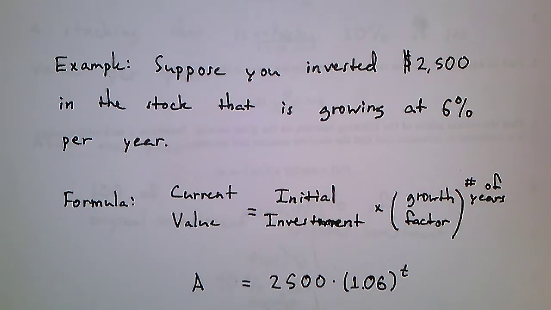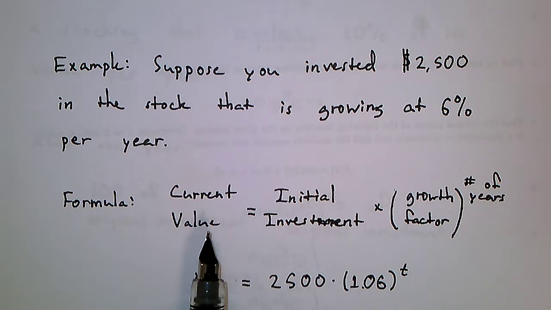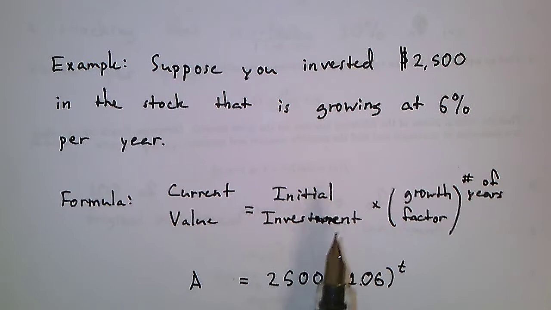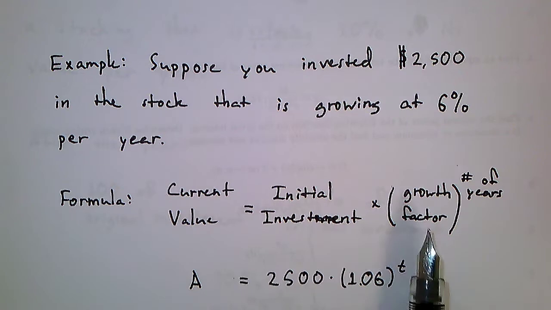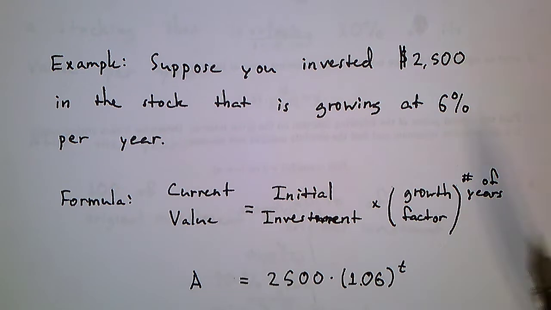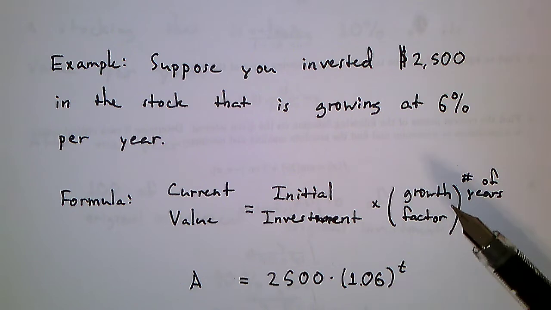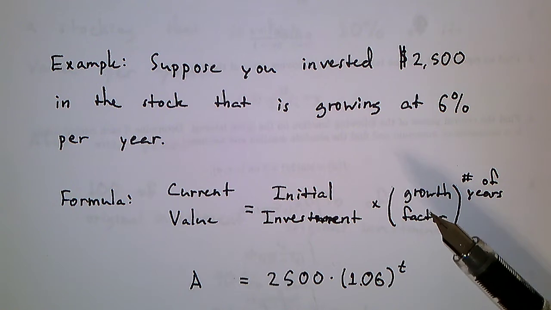Thinking back to the previous section where we learned about exponential growth, equations look like this. The current value, that's our function, is equal to the initial investment times the growth factor, and then we put the number of years in the exponent. So this is the base of our exponential function.